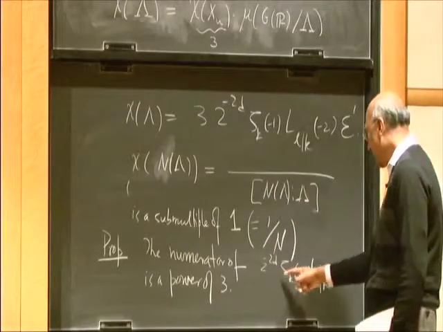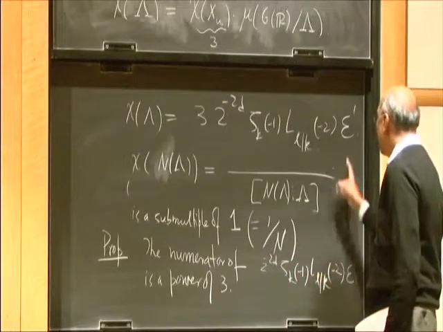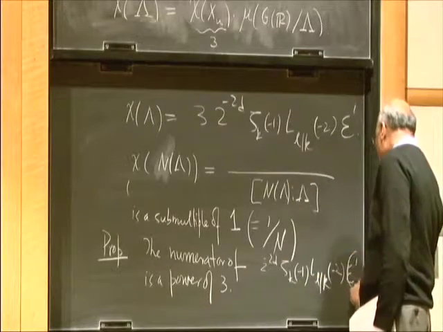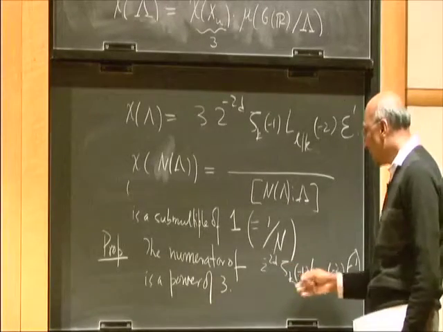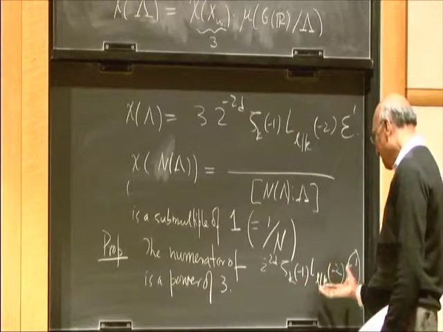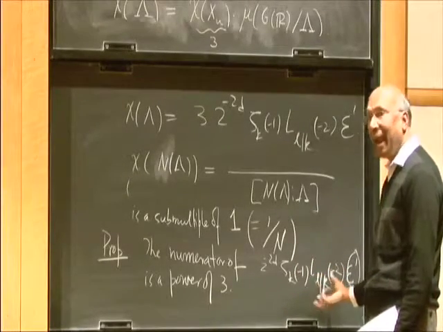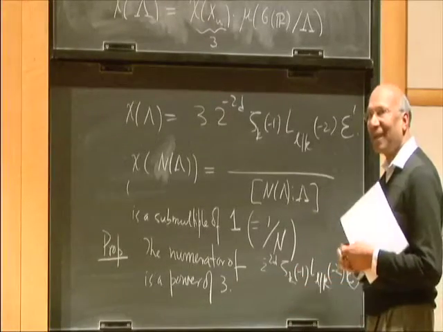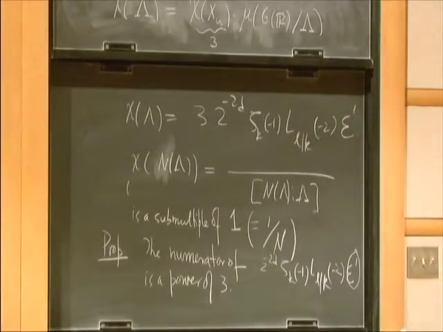In particular, since E prime is an integer, if you drop E prime, the result still holds. So in the final list, we will actually have to compute zeta and L precisely, and then show that the numerator most of the time cannot be a power of 3. Our list gets shortened by this final consideration.